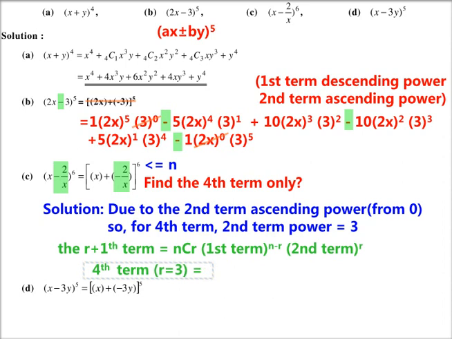So what we have is the NCR. So it is 6 C R, R equals 3.